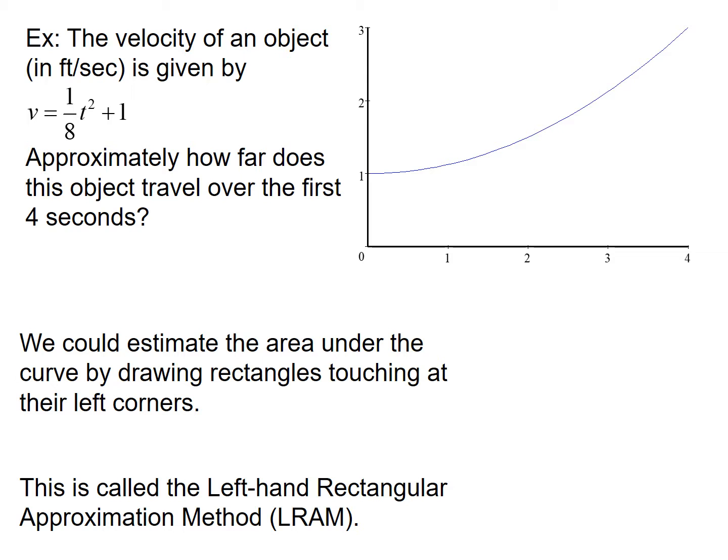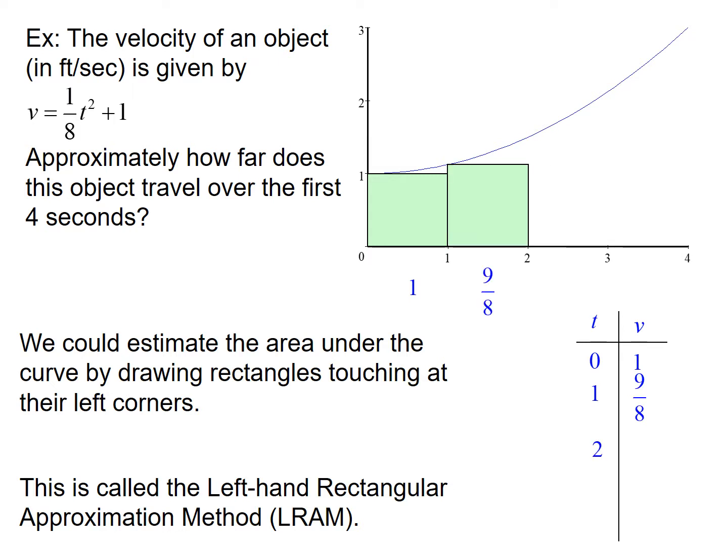So we can use what we call LRAM, left-hand rectangular approximation. We find rectangles that meet at the left-hand corner of the rectangle. So if t equals 0, we can find the velocity, that's 1, and we construct a rectangle over that first 1 second, and then we compute the velocity when t equals 1, 9/8, we construct another rectangle, do the same thing with 2, and then with 3, and notice we don't use the final time of 4 because we're using rectangles that meet on the left-hand side.